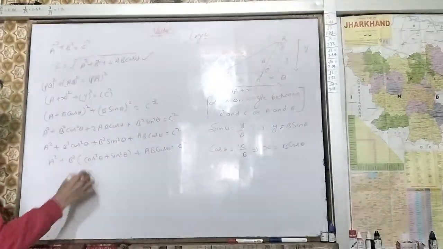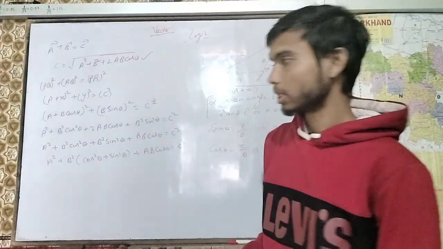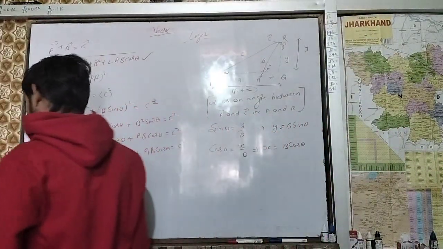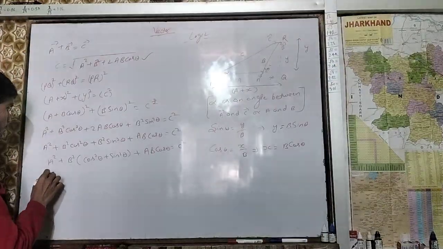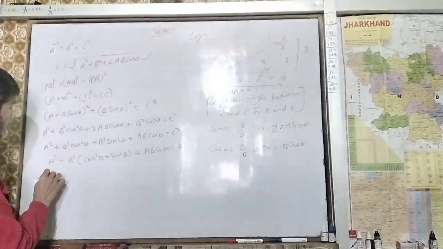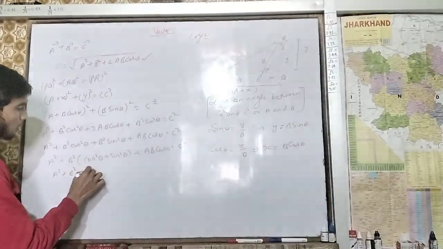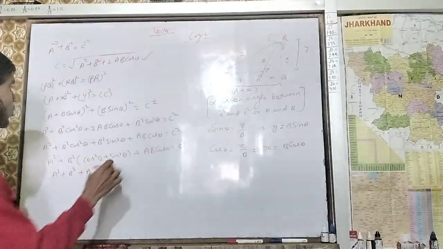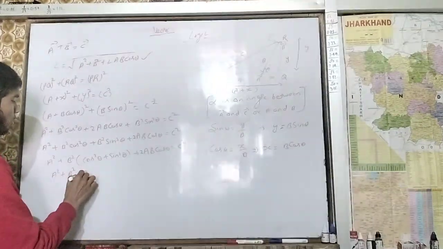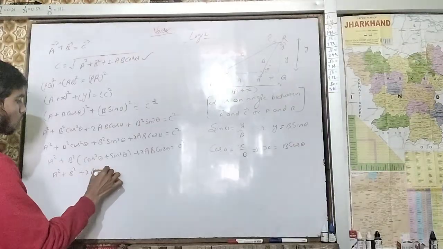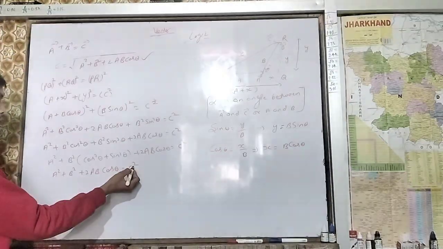As we know that sin square theta plus cos square theta is equal to 1 by using the trigonometric identity. Now it is becoming a square plus b square plus 2ab cos theta is equal to c square.